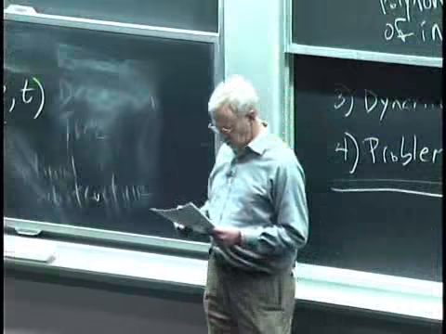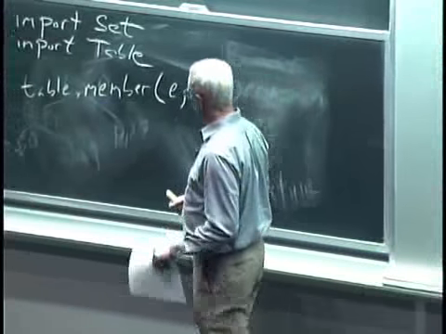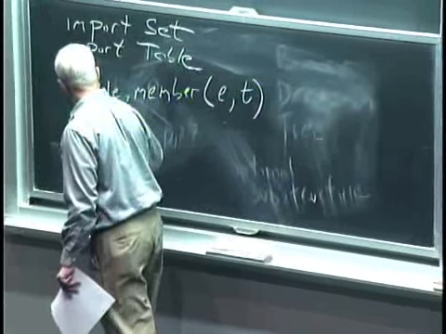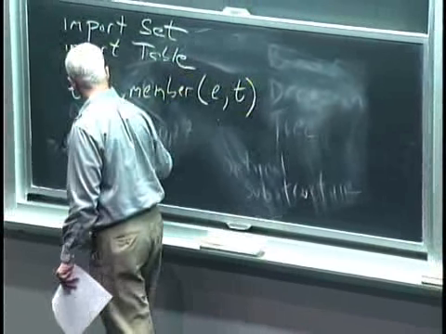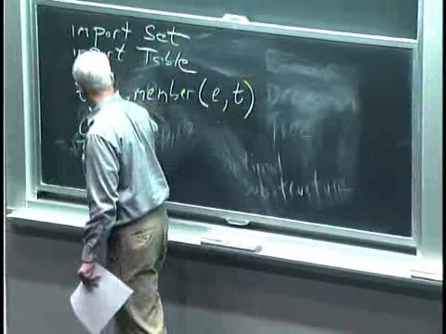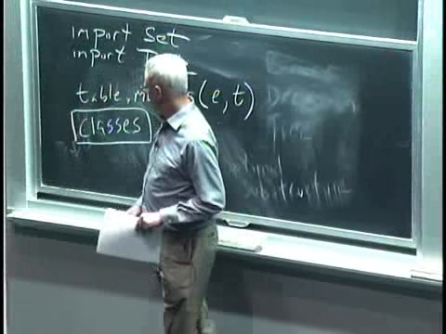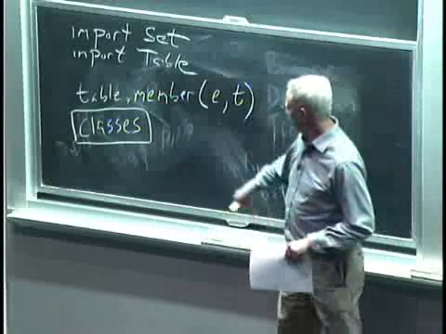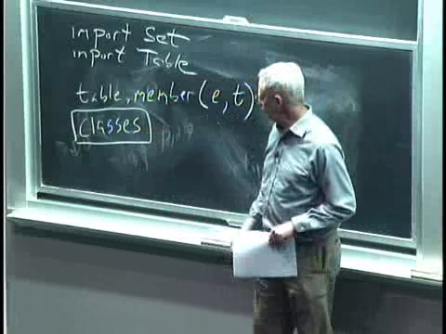I now want to talk about a particular kind of module. And those are the modules that include classes, or that are classes. This is a very important concept, as we'll see.